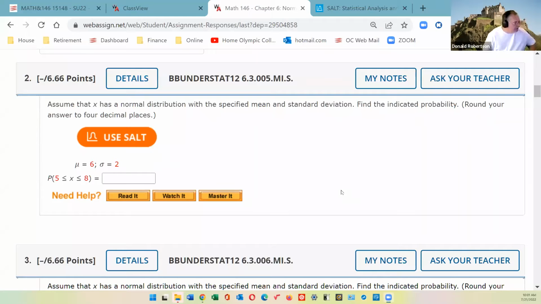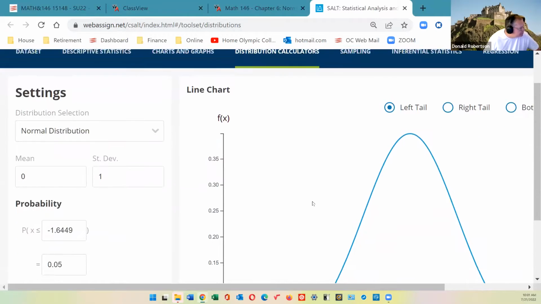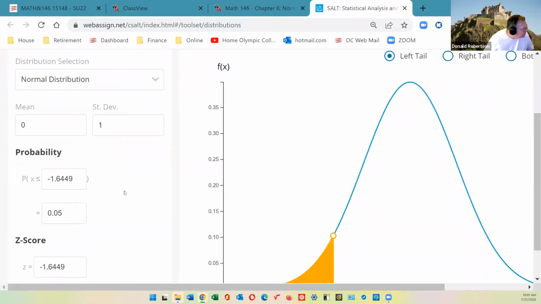There we go. There's the buttons that we're going to press. Right, so you click on use salt and this appears. Now, in the question that I was doing a few moments ago, you turn the mean into 6 and you turn the standard deviation into 2. And we want to know a between.